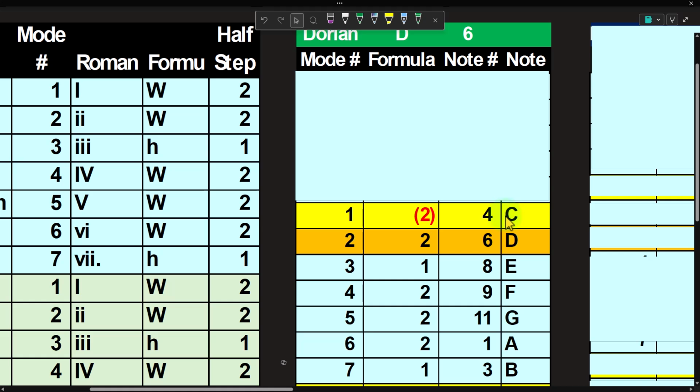So from the perspective of the major, what's the Dorian? Well, it's the second one up. It would be a 2, and that would mean that it would be a 2 note away major second.